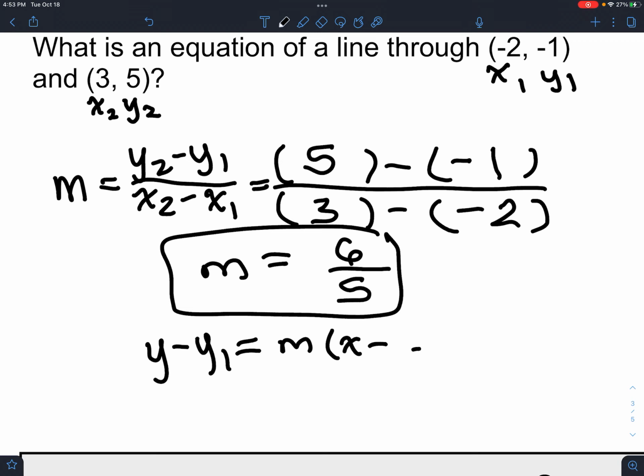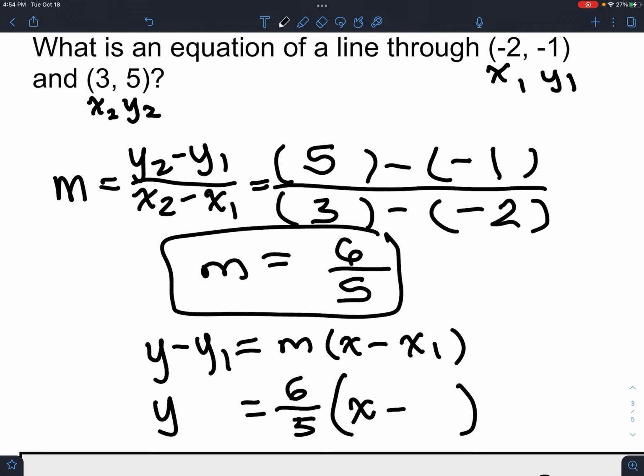Okay. And simply just make 3 substitutions. The slope first. The x and the y stay in there. They give structure to the equation. But x1 and y1 are numbers.